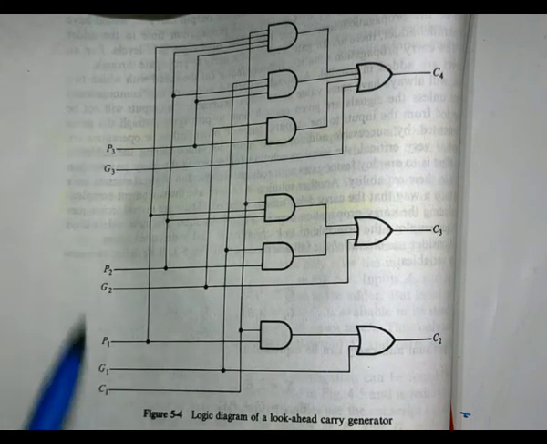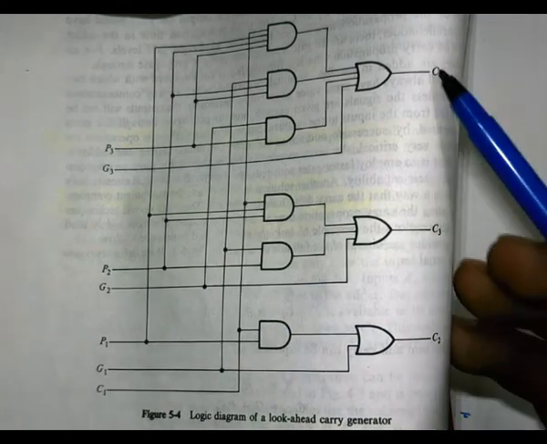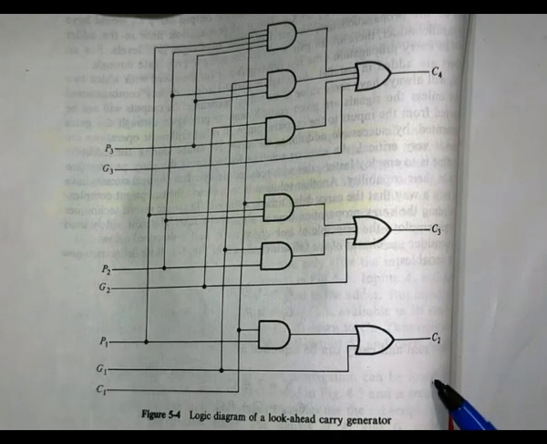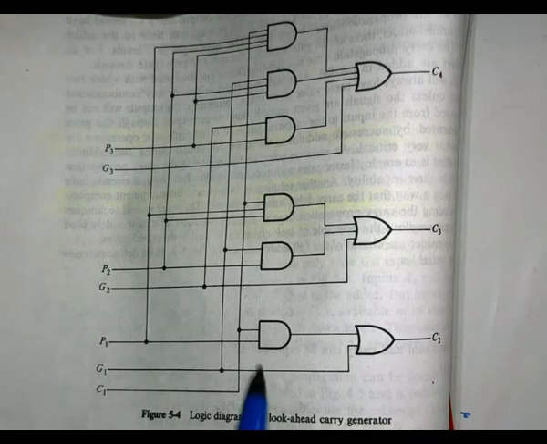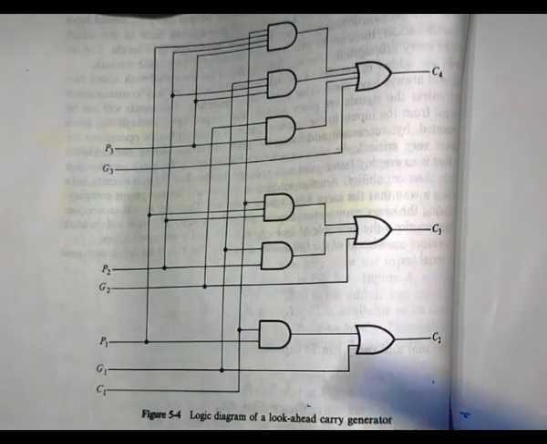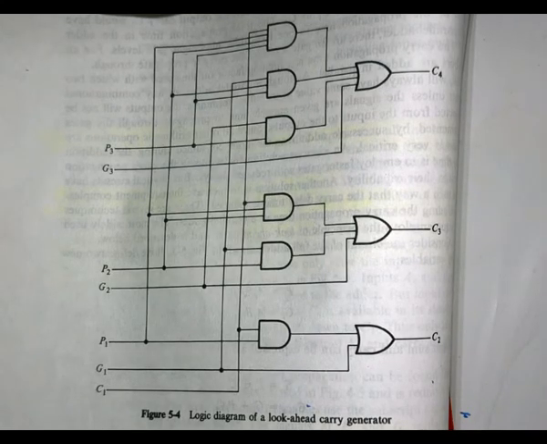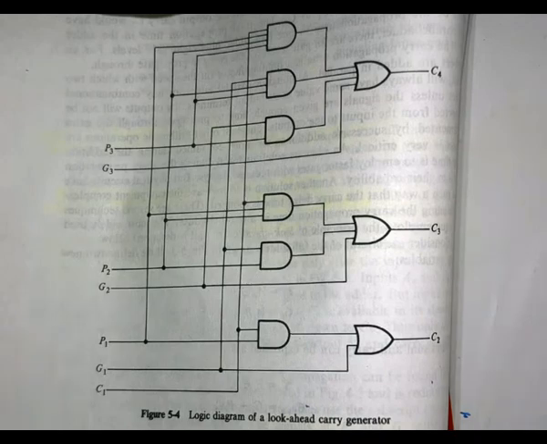And if propagation and generation have been evolved, then the rest of the circuitry is going to give you the carries for different positions. Okay, and this is given with only two levels of circuit delay. The first level is this and the second level is this. There is no additional delay incorporated in this circuit. So this circuit is much faster than the earlier circuit, but the only drawback is increased complexity.